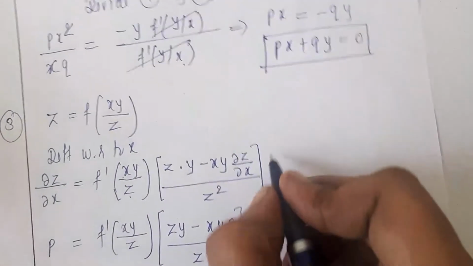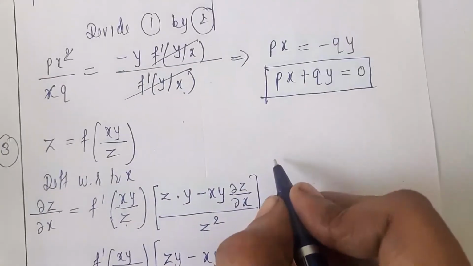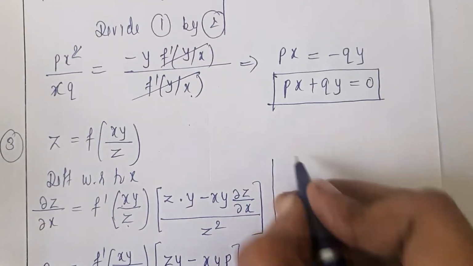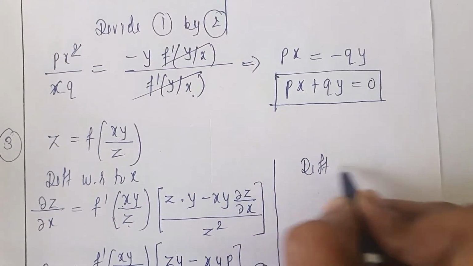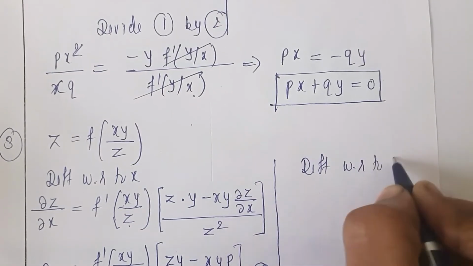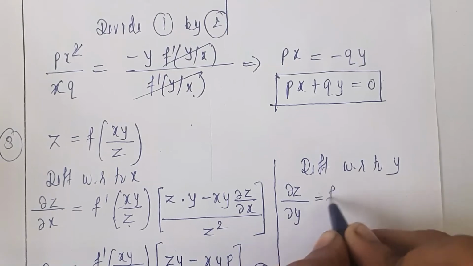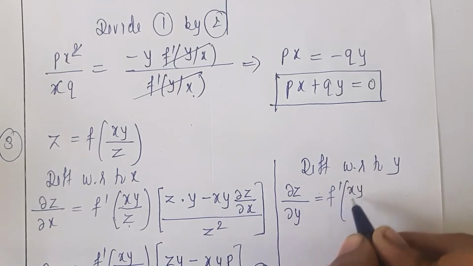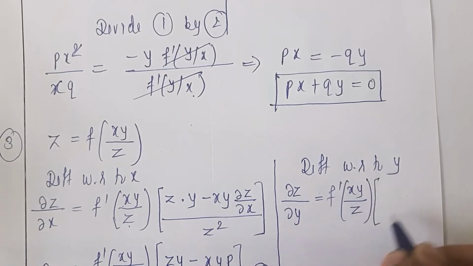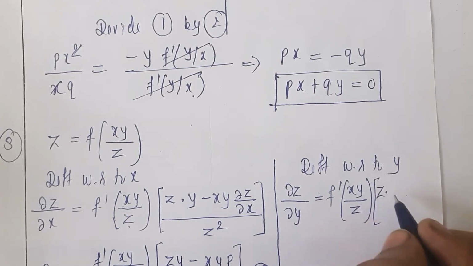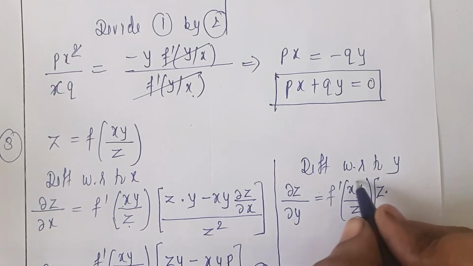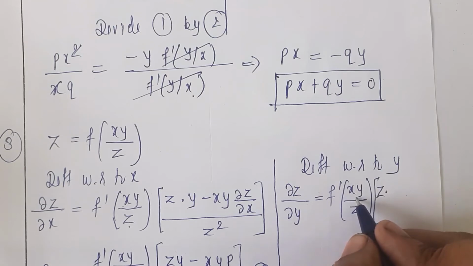Now next is differentiate with respect to y. Del z by del y is equal to f dash of xy divided by z multiplied by denominator into the derivative of xy with respect to y.